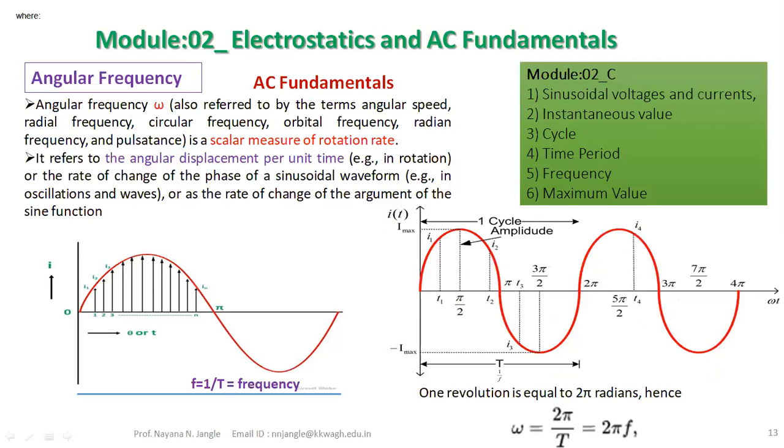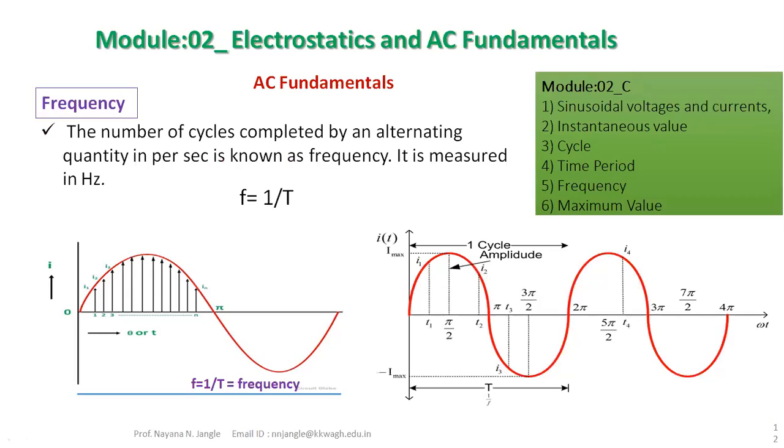Now what is angular frequency? Let us see what frequency is first. Frequency is the number of cycles completed by an alternating quantity in 1 second. Frequency means the repetition of cycles in 1 second.